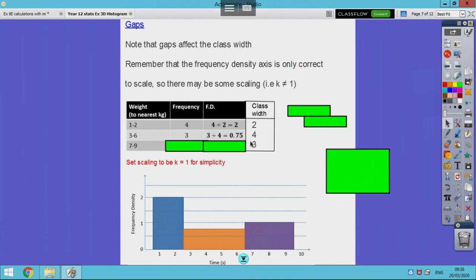And then lastly, your class width here is 3 and our frequency density is 1, so that means our frequency has to be 3 for our frequency density to be 1. So just an illustration of how gaps can change the look of your class widths and how they actually look in a histogram. So that was skill number 3.